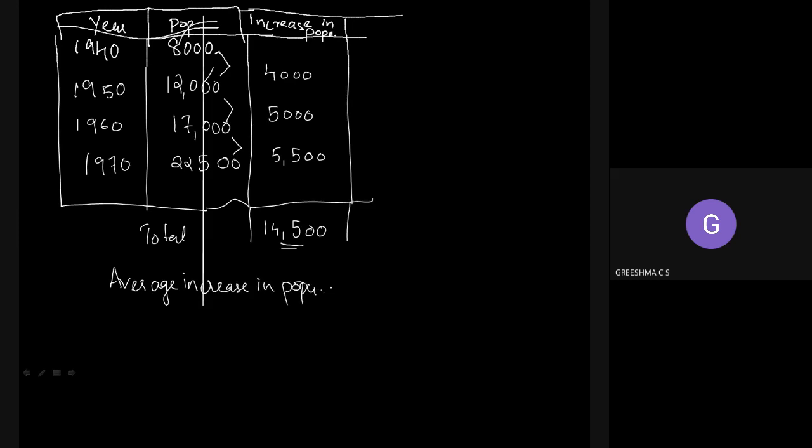This is the total increase, and the average is 14,500 divided by 3.